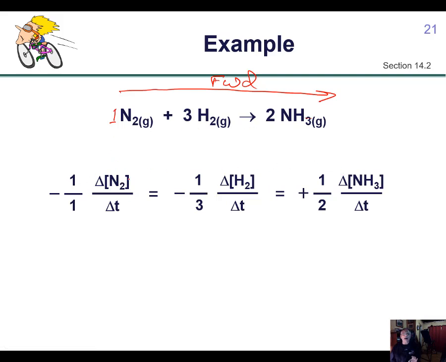And now we've made an equivalence between the rate of disappearance of nitrogen, the rate of disappearance of hydrogen, and the rate of appearance of ammonia. The minus signs for the reactants are, of course, because reactants disappear.